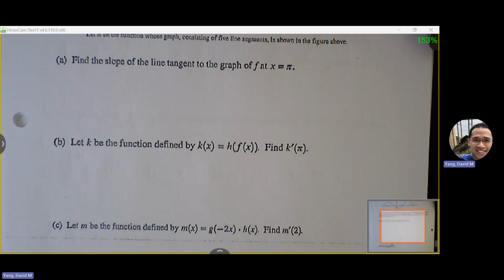So see if you can try part A. Find the slope of the line tangent to f at x equals pi. So find the slope means you're going to plug pi into the derivative. So find the derivative of f of x using your derivative rules, and then plug pi into the derivative to get your slope.